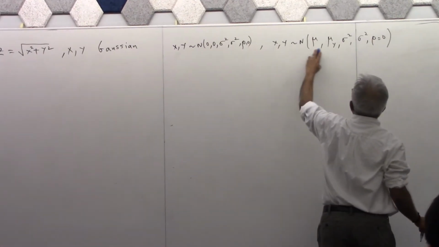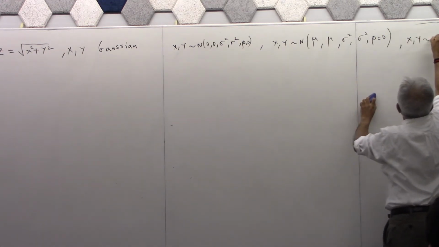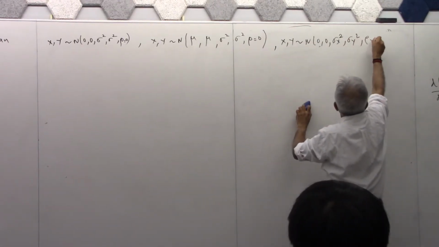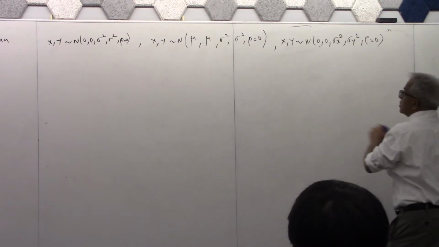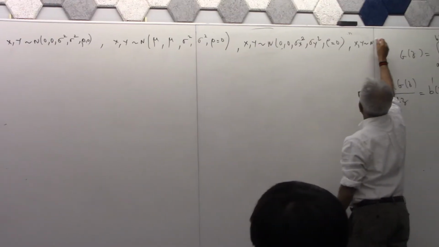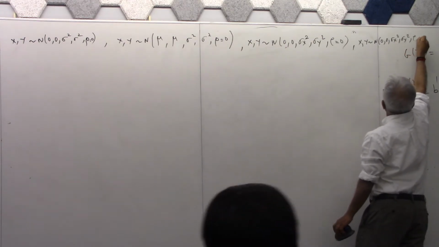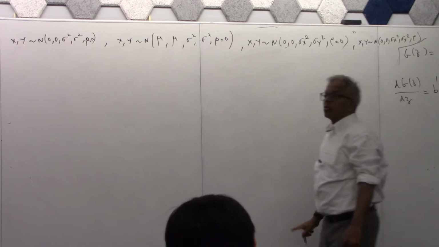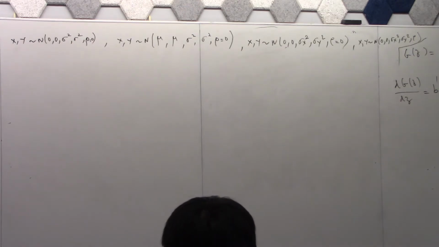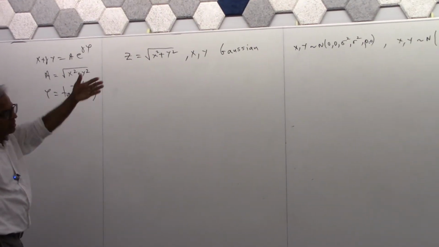Then you have non-zero mean, then zero mean but variances are different. And the last case is when rho is also not zero. I'm not going to do all cases, but all cases are already done, and we'll go through some of them. Once you see how some of them are done, you should do the rest.